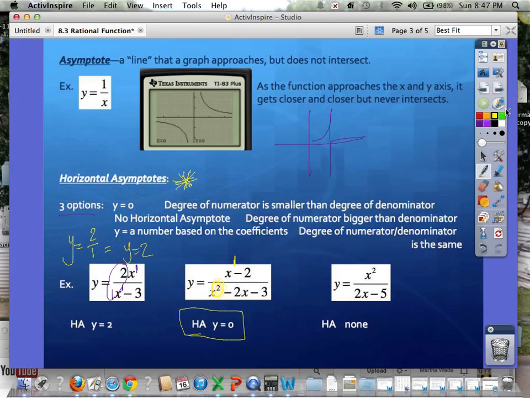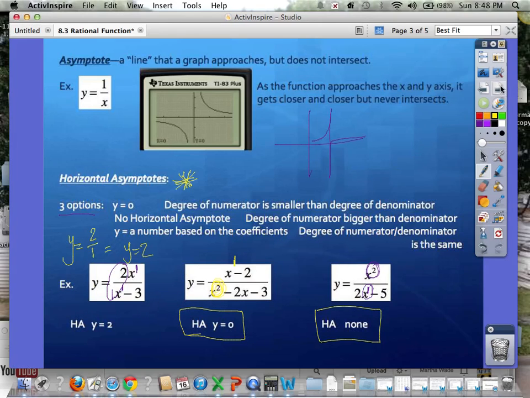All right, and then the third one, we have a degree of 2, and then we have a degree of 1. So that means the top is bigger than the bottom. That means automatically that this will not have a horizontal asymptote at all. Okay? So you just look at the degrees and know which one is which. It just takes a little bit of practice, but you do need to memorize those.